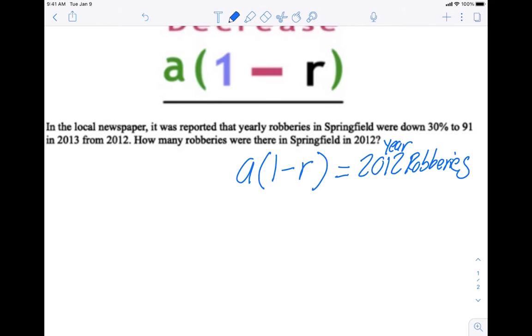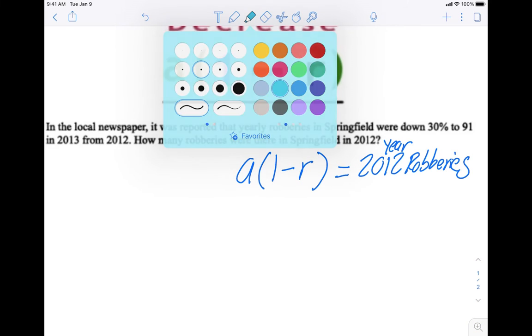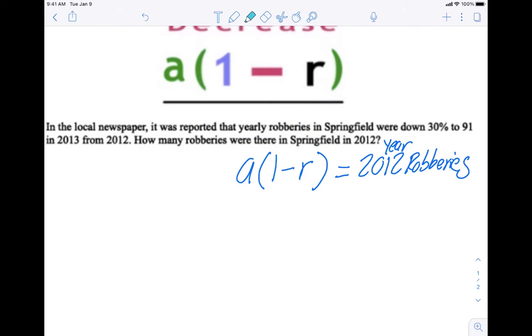So let's find out our information here, right? First thing I'm going to do is highlight. So let's see. Local newspaper reported that yearly robberies went down 30% to 91 in 2013. Actually, you know what, guys?